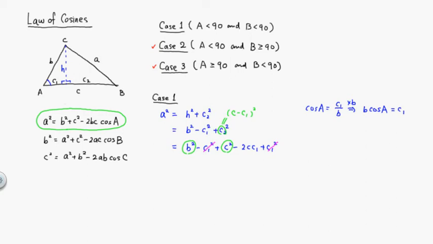So we can plug this in here, and what you get is b squared plus c squared minus 2c times c1, which is b cosine of A. Which is exactly what we wanted to get. So this verifies the law of cosines.